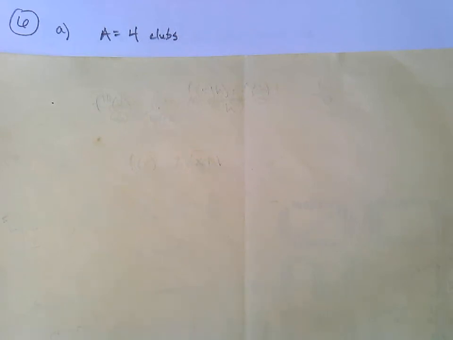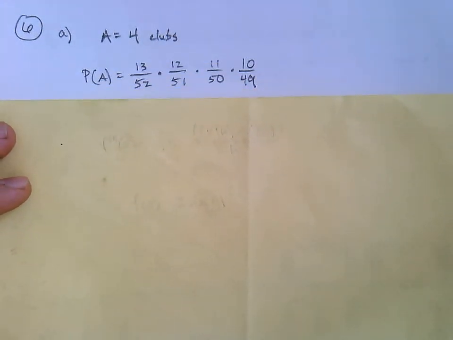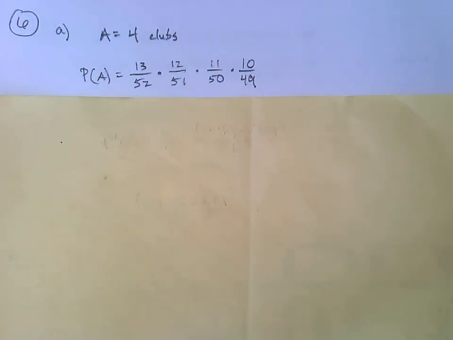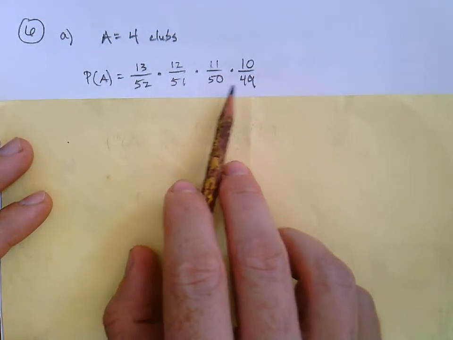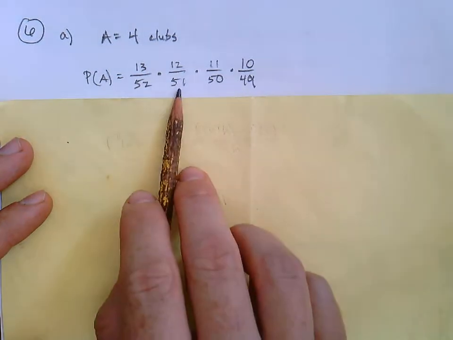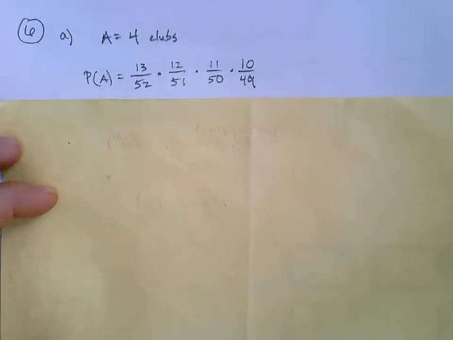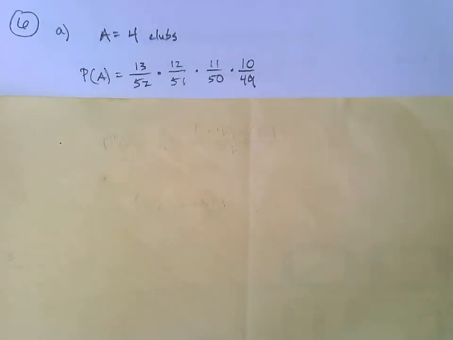And they're not replaced as we keep going. All right, let's think about this. It's all on the screen there, but we'll talk through it. So the probability of this happening: you see, these numbers represent the first, the second, the third, and the fourth draw. But we're not putting the cards back.